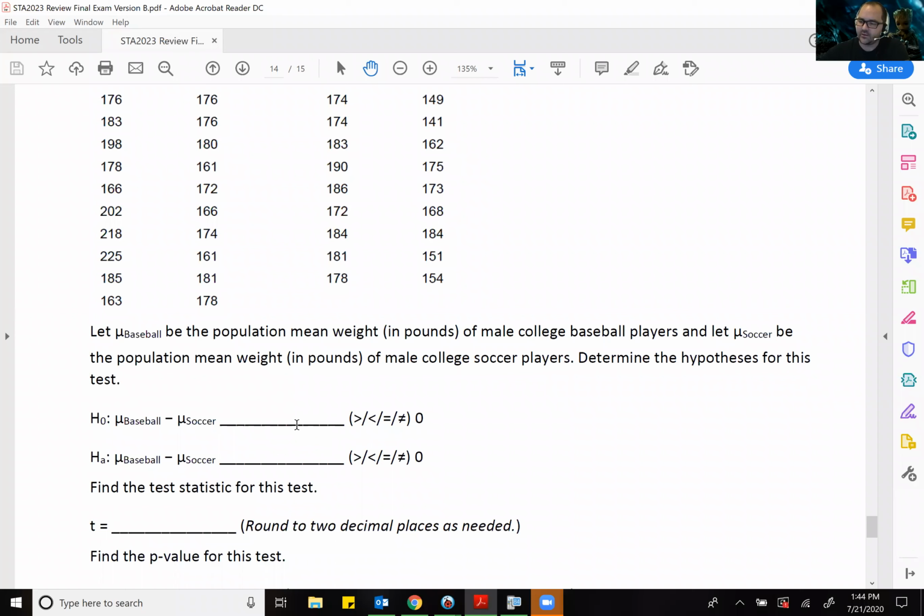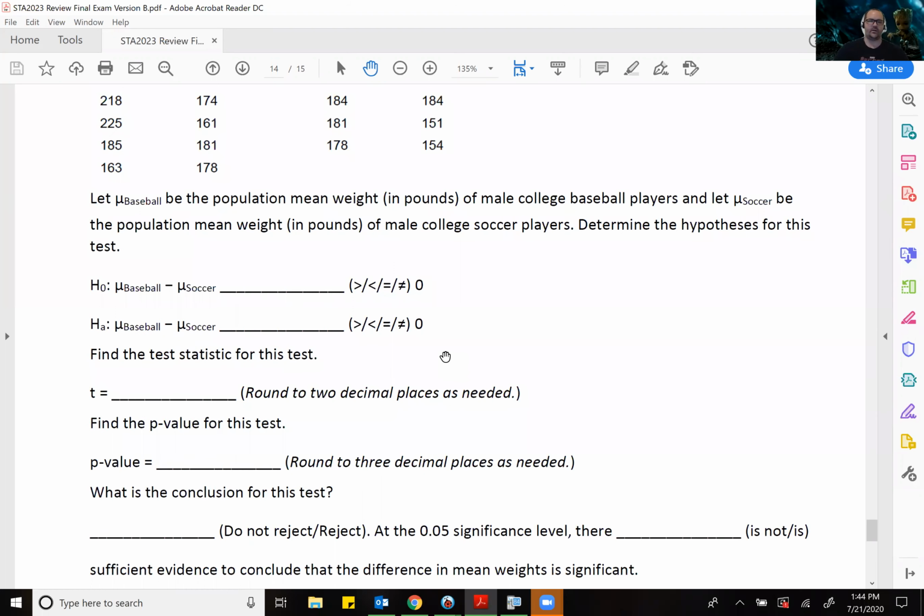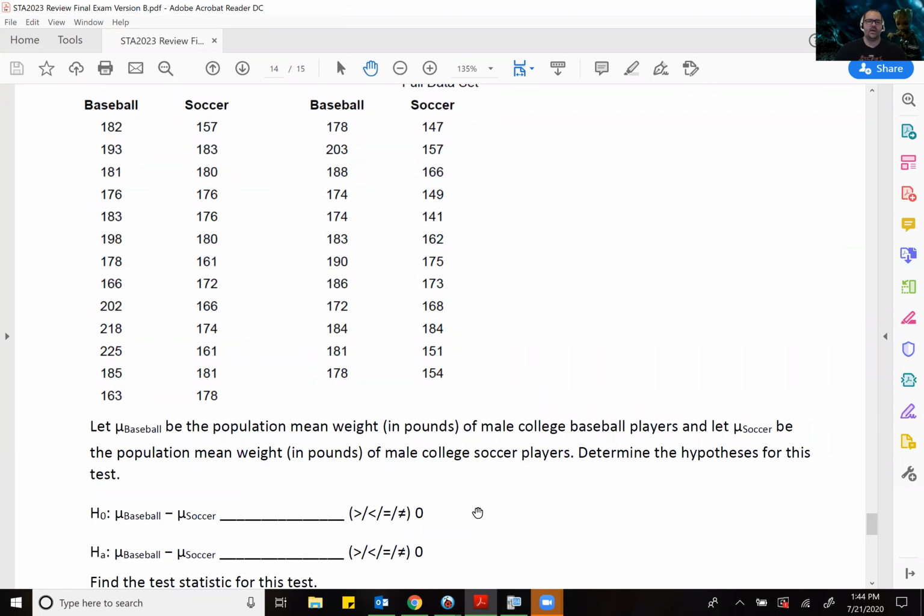We just say that they are significantly different. So that means not equals is the second blank. So we've got equals and not equals. And now we need to find this information. So we're going to have our calculator and we're going to put this information in and have it do its job.